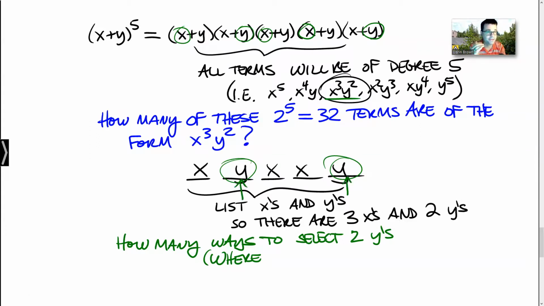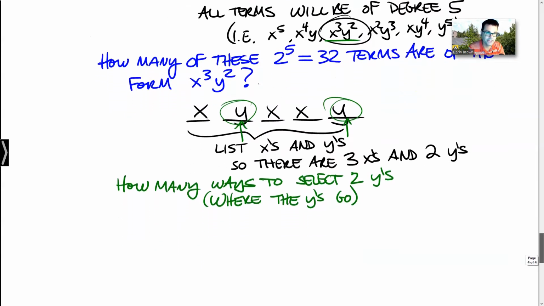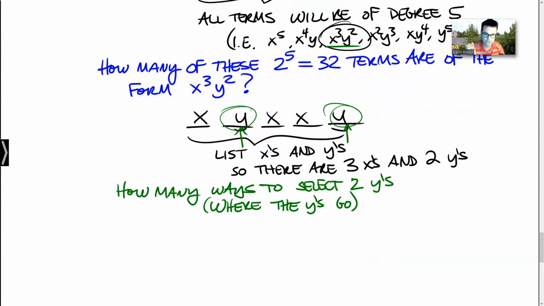So it's like saying out of A, B, C, D, E, this would be B and E. Or out of 1, 2, 3, 4, 5, the 2nd and the 5th. So I'm making an unordered selection where the y's go. I make an unordered selection of 2 out of 5. That's how many terms are x cubed y squared.